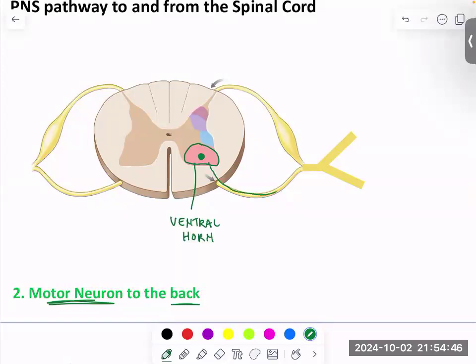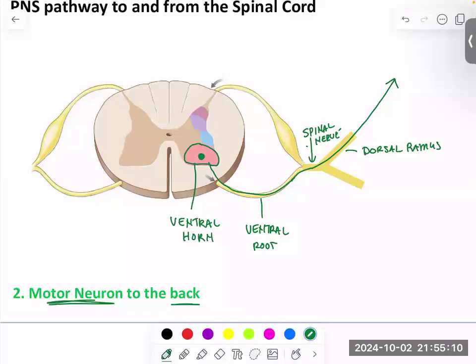What is that region called? The ventral root. It's going to enter this region. What is that region called? The spinal nerve. It's going to go to the back. It's going to leave the dorsal ramus to get to your back muscle.